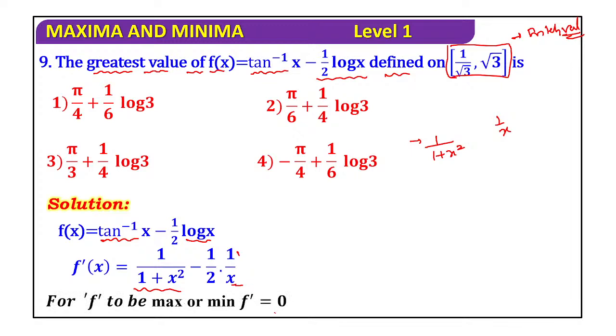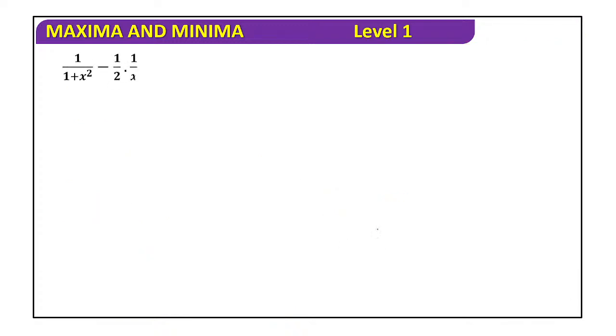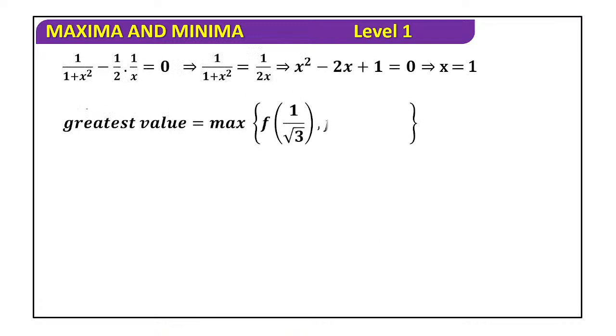For maximum and minimum, we have to take f dash of x equal to 0. That means 1 by 1 plus x square minus 1 by 2x must be equal to 0. So now you take LCM and simplify it. You take this equation, take LCM and simplify. That will be 1 by 1 plus x square.